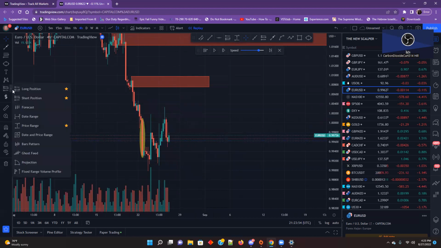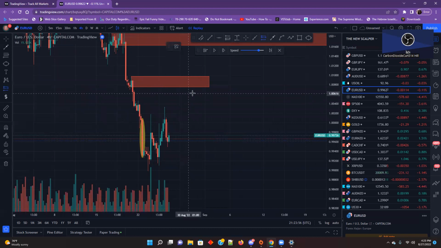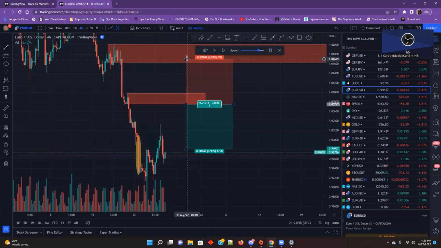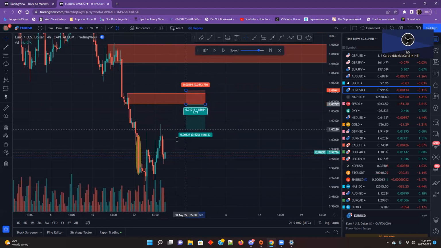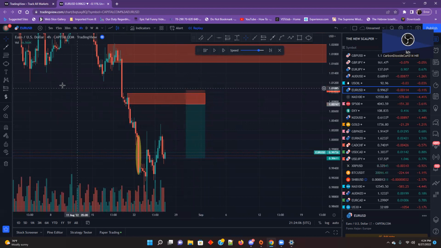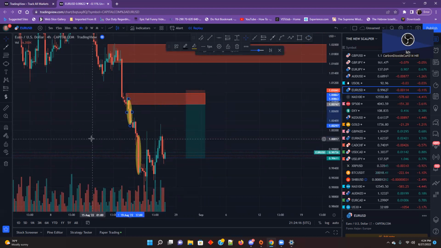Now I would be waiting for these gaps to come and fill in this area right here, right? So honestly, you can put a sell limit up there, and sometimes I do that. I put a sell limit up there and just let it tap it and then let it drop. So this is uncontested. We have gaps right here and right here that need to be filled. These gaps have to be filled.